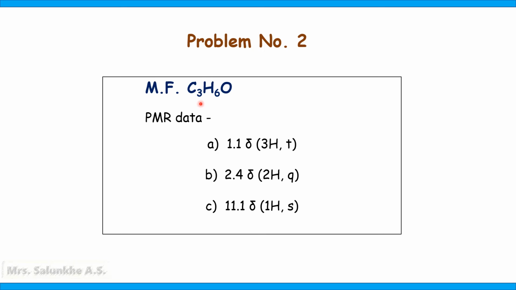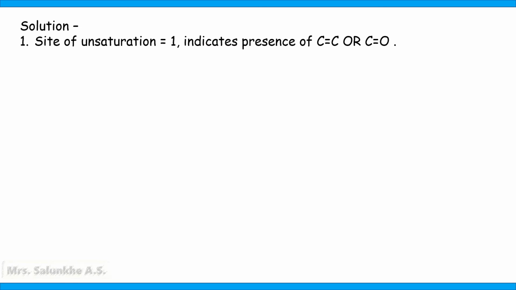The molecular formula is C3H6O and the PMR data is like this. Now we see the solution for that. The site of unsaturation for this compound is also 1, which indicates the presence of carbon double bond carbon or carbon double bond oxygen.